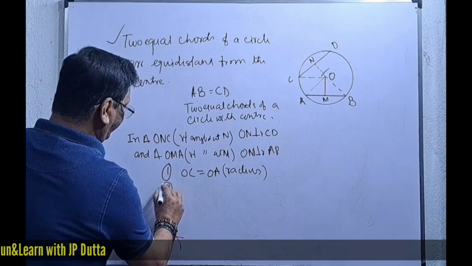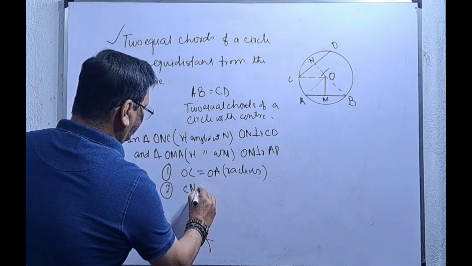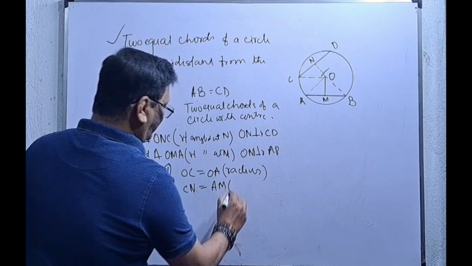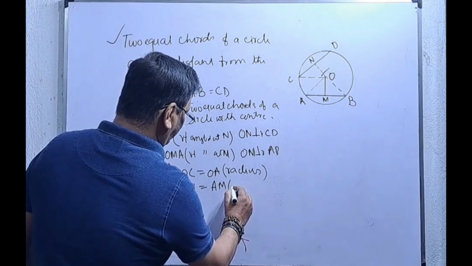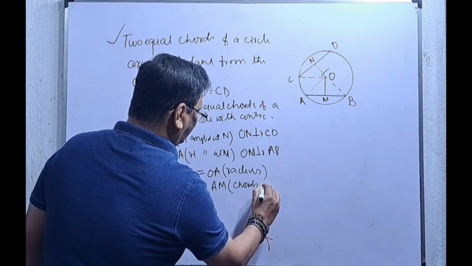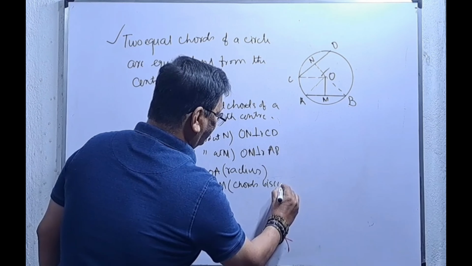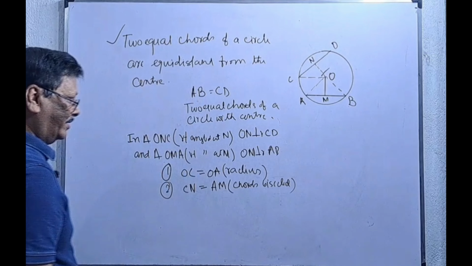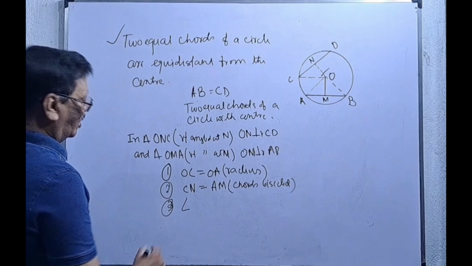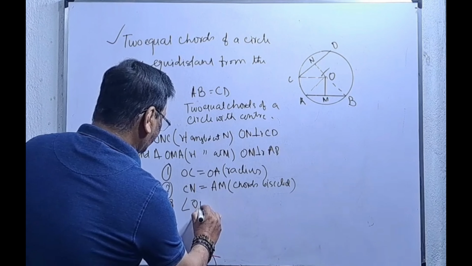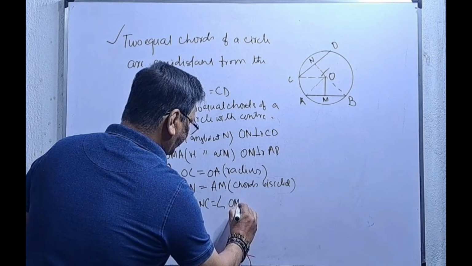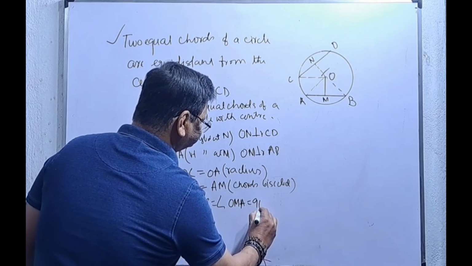Number two, CN is equal to AM, chords bisected. And three, angle ONC is equal to angle OMA is equal to 90 degree.